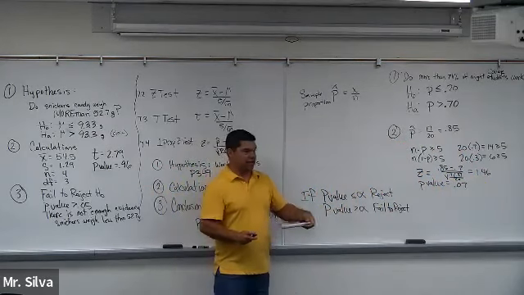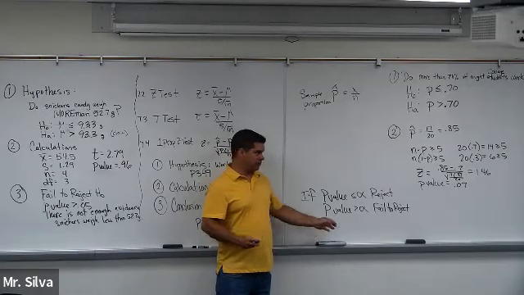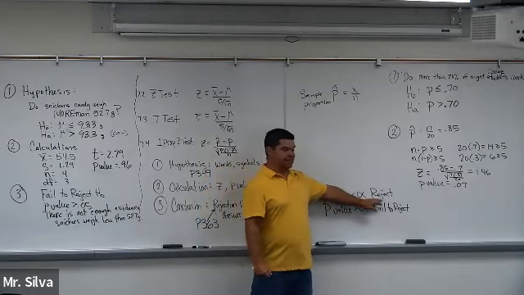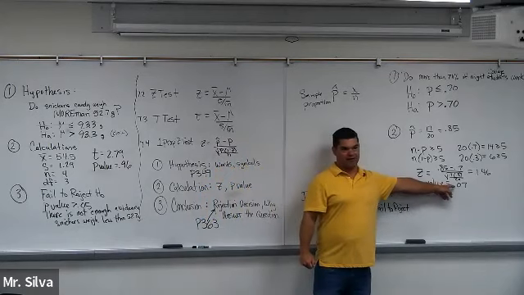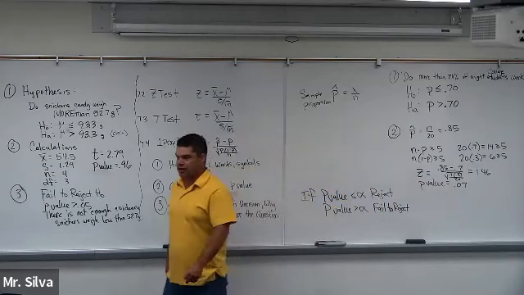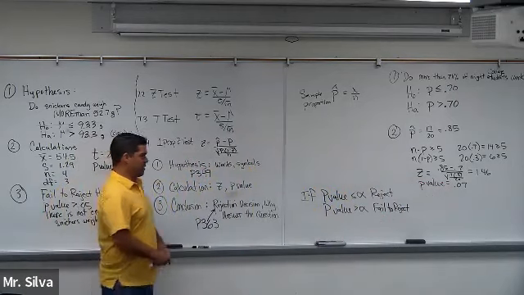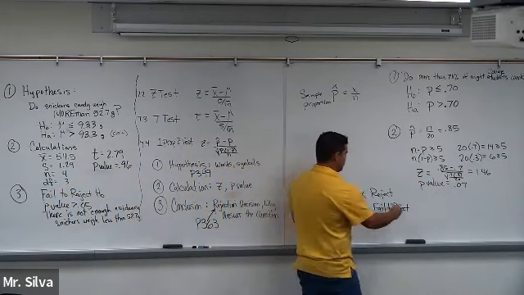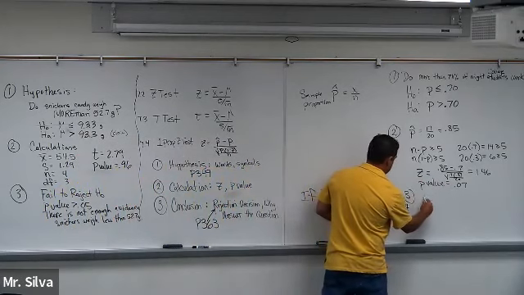Are we going to reject or fail to reject at 5% level? Which one is it? Is the p-value less than 0.05 or is that bigger than 0.05? There we go, greater, bigger. So what am I going to do? P-value is greater than 0.05. I'm on step 3. Got you.